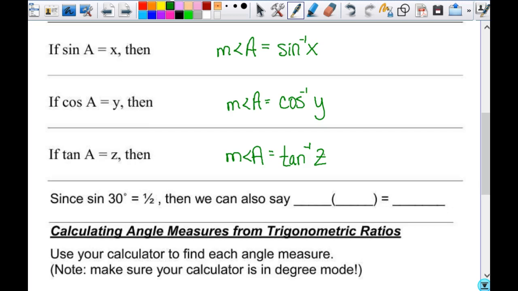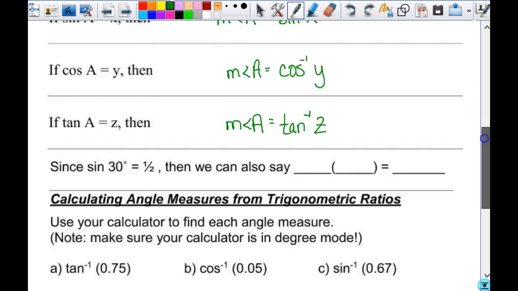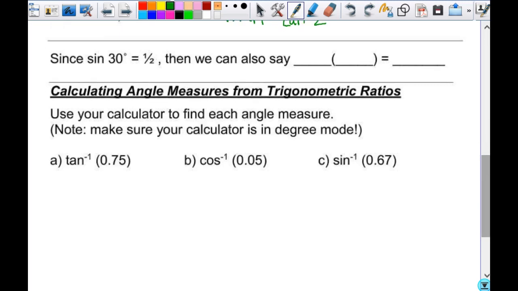Okay. So let's think about this. Since the sine of 30 degrees equals 1/2, we already know that. We've already figured that out. Then I want to rewrite this, and I could say that I know that the sine inverse of what equals what? What do you think goes in there?